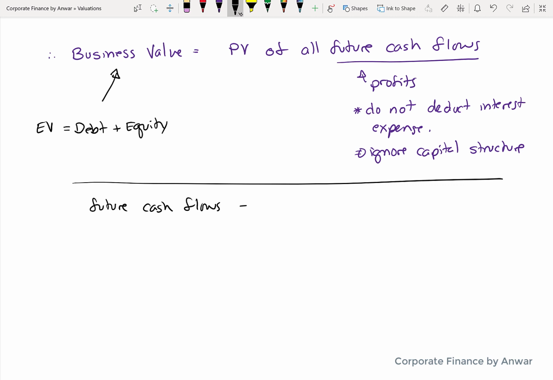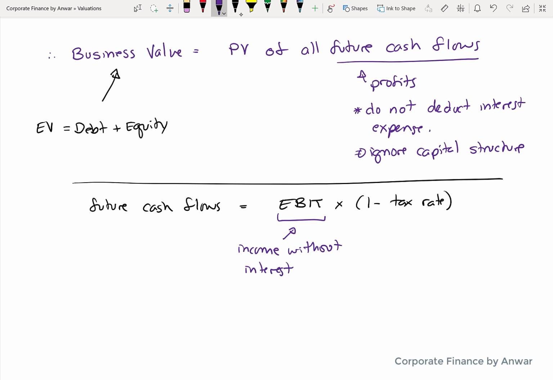Okay, so if we were to do the future cash flows of a company, I'm going to ignore interest, as I said. So I'm going to use EBIT. EBIT is the earnings before interest and taxes. And then multiply that by 1 minus the tax rate. So essentially what this is coming up with is the after-tax income if you exclude any impact of interest expense.